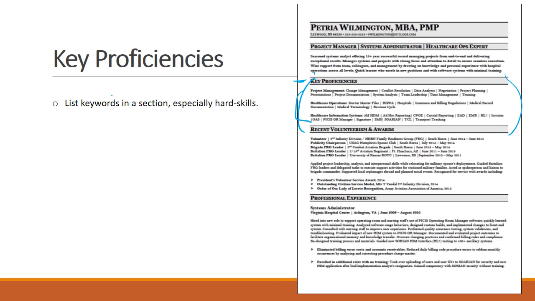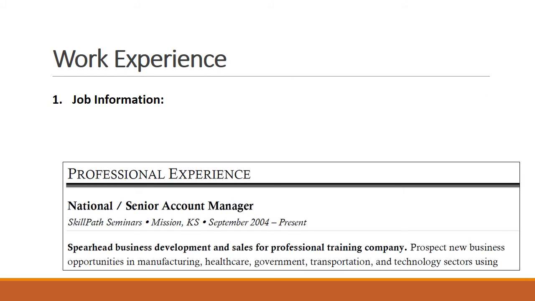And so when they can just go to this section and see, okay, does this person know this program, or do they know this software, or do they know this thing? The key proficiencies section makes that very clear right away, okay? So it's just very easy identification. So there's different ways you can do it. And so you can do the bullet point format or the different table formats. Sorry, I thought I had a transition there, but I guess not.